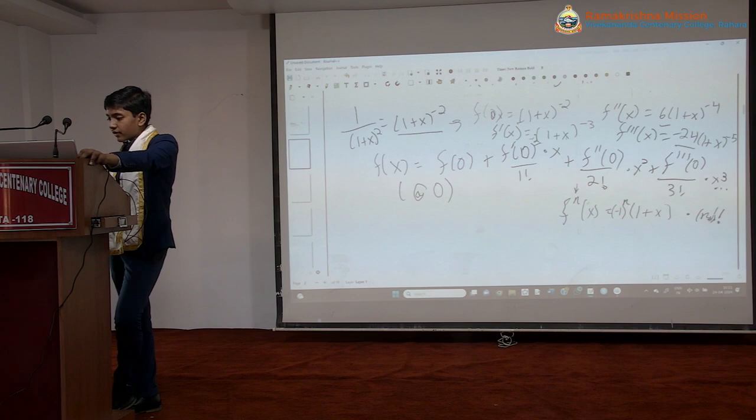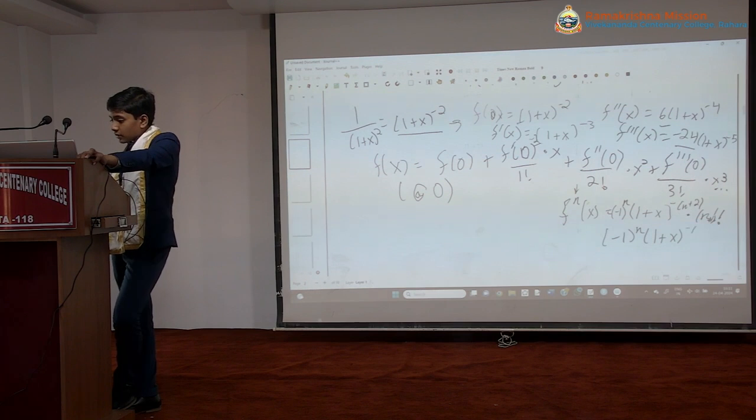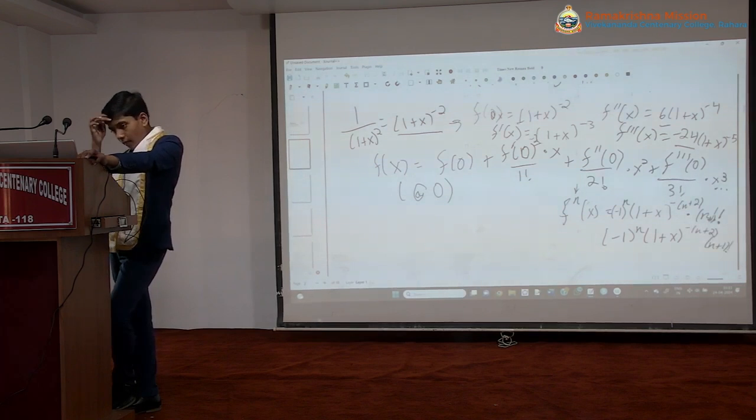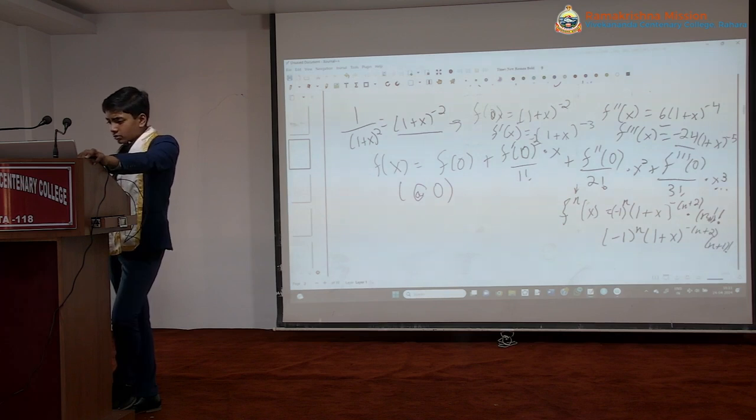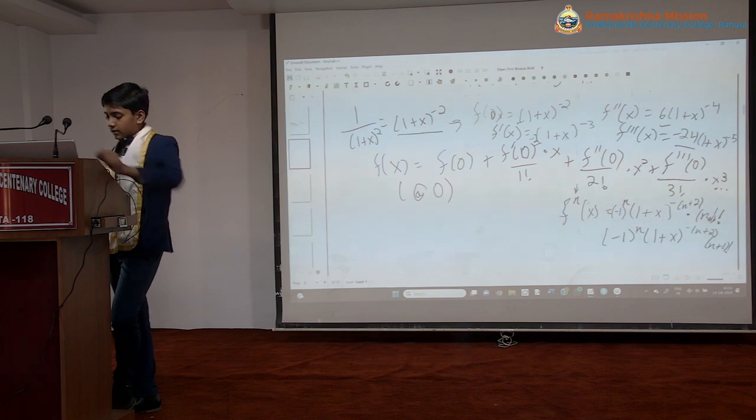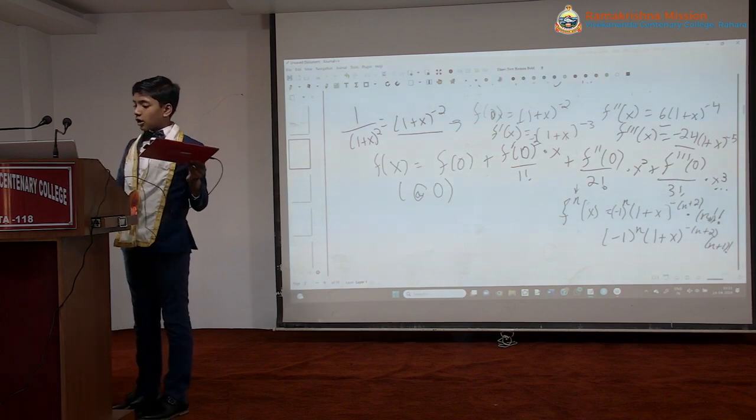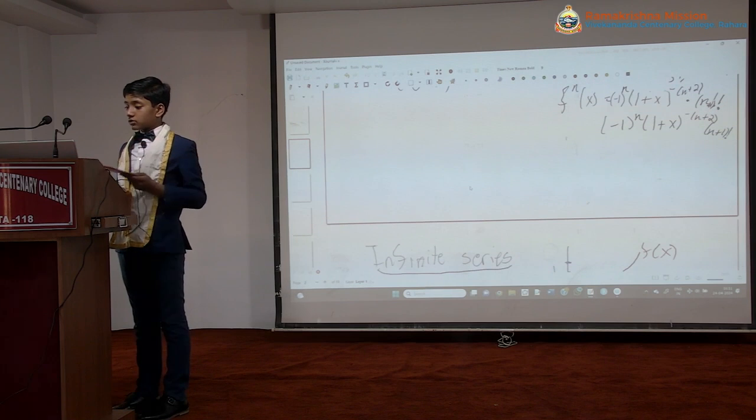So n plus 1 factorial out over here. And then we have (1 plus x) to the minus (n plus 2), if I'm reading that correctly. Yes. So we get (minus 1)^n times (1 plus x)^(minus (n plus 2)) times (n plus 1) factorial. Alright, so let's write that down. Oh wait, I can't do things like that. I'm going to actually take this off and scroll just like that.